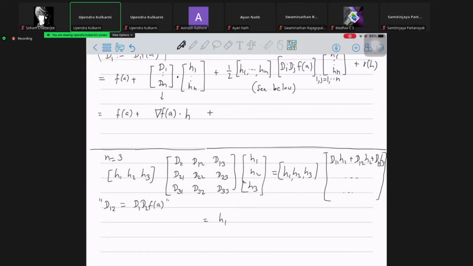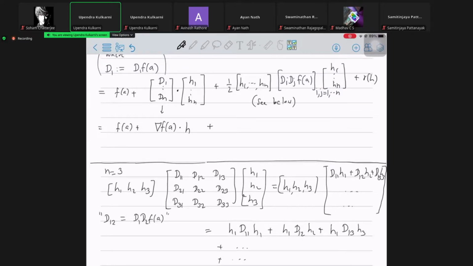The first one, for example, says h1 times d11 times h1, plus dot dot dots from h2. So h1 now multiplies the entire first entry. It gives h1 d11 h1 plus h1 times d12 h2 plus h1 times d13 h3, and plus dot dot dot. And you see, I get exactly what I want.